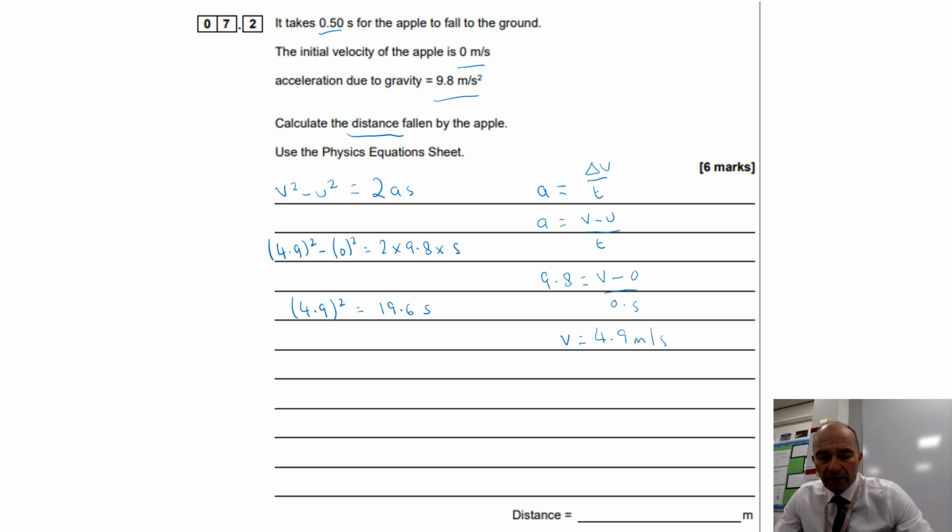Just get s by itself, so divide both sides by 19.6, so that's going to be 4.9 squared divided by 19.6. When you put those numbers into your calculator, that comes out with a nice even number of 1.2 meters. That's a great question. It's worth 6 marks. Not a huge amount of writing to do, however, it's using the two formulas, so you need to get comfortable doing that.